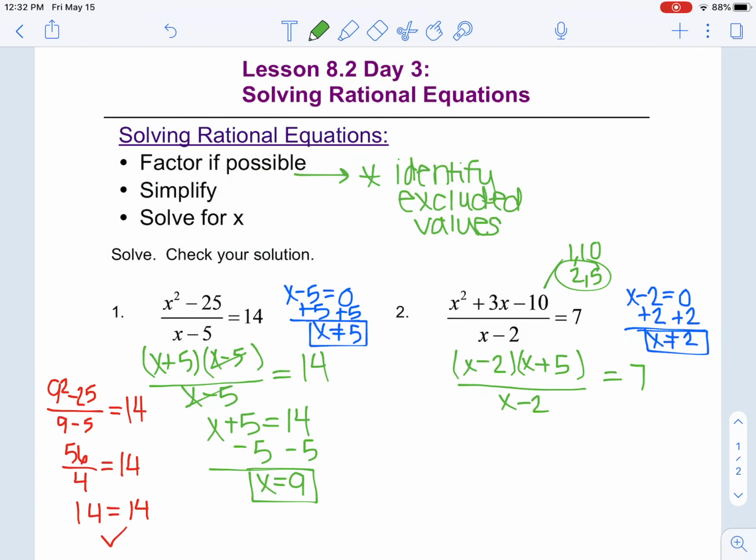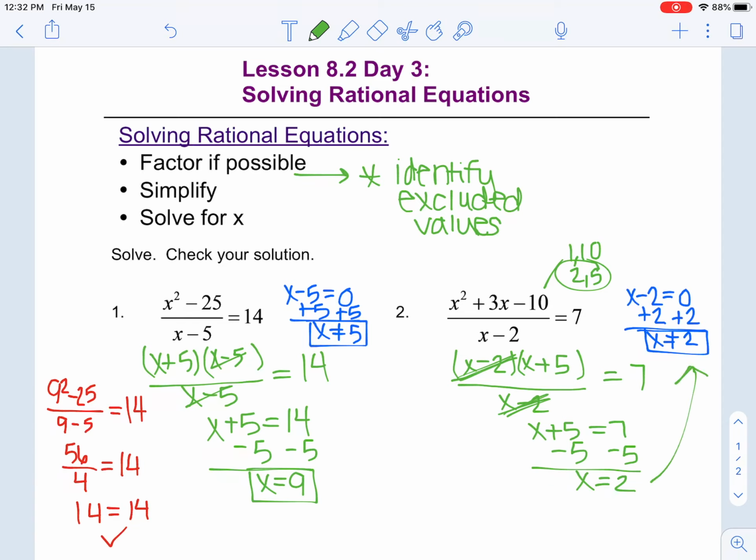Okay, going back to our equation, we're going to see if we can simplify it. We do have x minus 2 in the numerator and denominator, so that cancels out. And then we're left with x plus 5 equals 7. So to solve for x, we can subtract 5 from both sides to give us x equals 2.